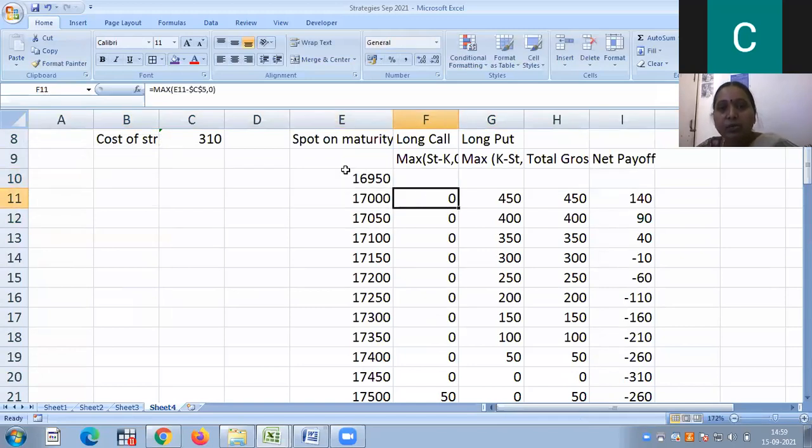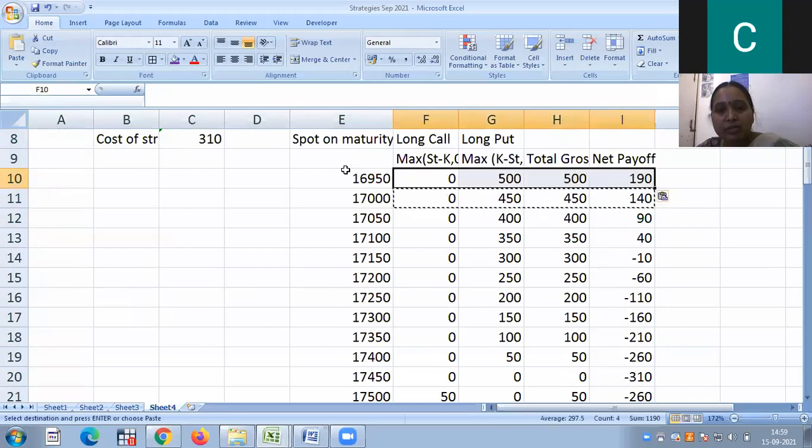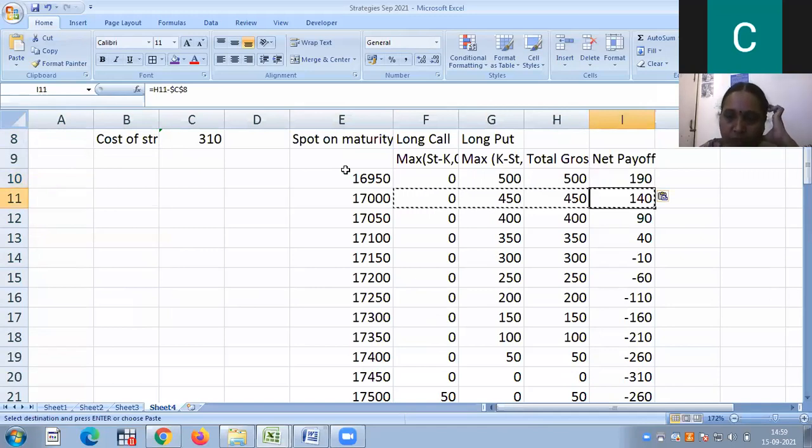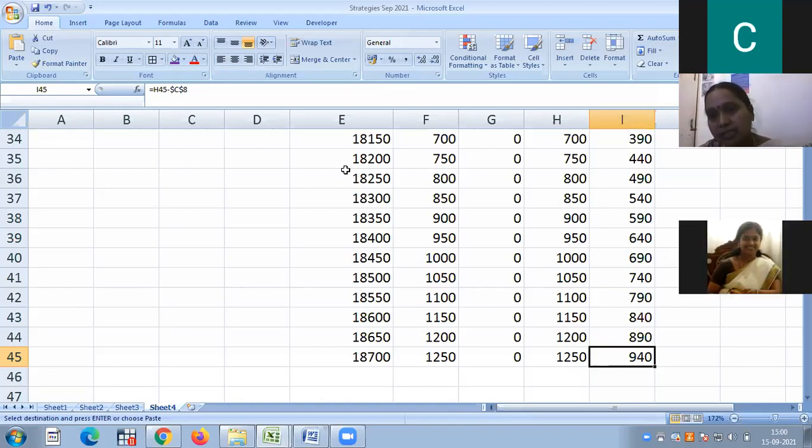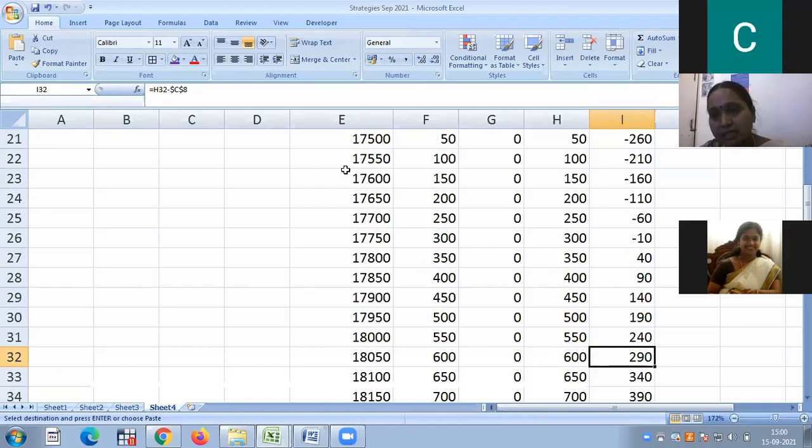If we are going further down, are you in the profit zone or loss zone? Profit. When the market is going up, then also we are in the profit zone. So are we able to derive profits when there is a significant downtrend and a significant uptrend in the market? Yes. So first thing is that.